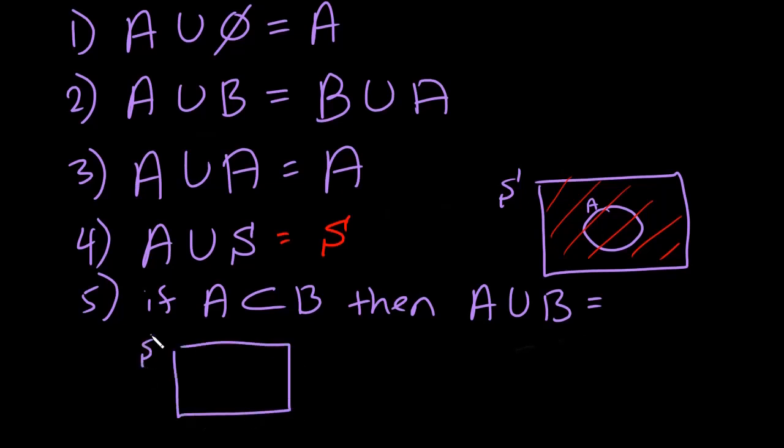If this is my sample space, and A is a subset of B, that means that A is entirely part of B. So this is B and this is A. So A union B, if it belongs to A or B, would basically just be B.